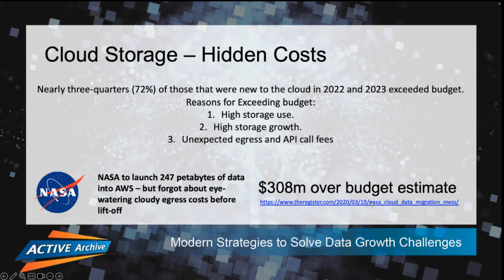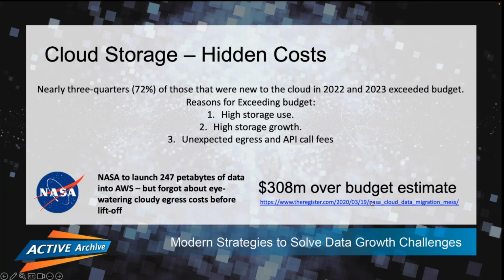One of the most technical and innovative organizations in the world, NASA, sent individuals to the moon and brought them back, but ended up significantly over budget after not taking into account the costs of, not really repatriation, but what could be called recalling data and bringing it back on premise for processing. The focus of the group originally was to store up to 247 petabytes or more of data into AWS Glacier.